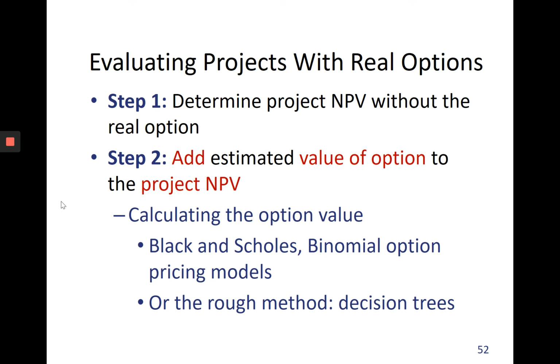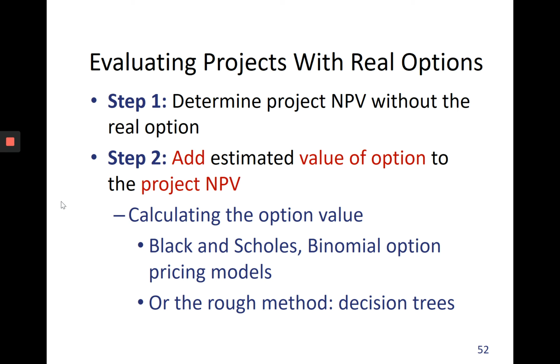Fortunately, in CFA classes, we are not required to use Black and Scholes or any sophisticated option calculation models, and therefore you often end up adding a given value for the option to the net present value of the project, or you are questioned on your understanding of these definitions.